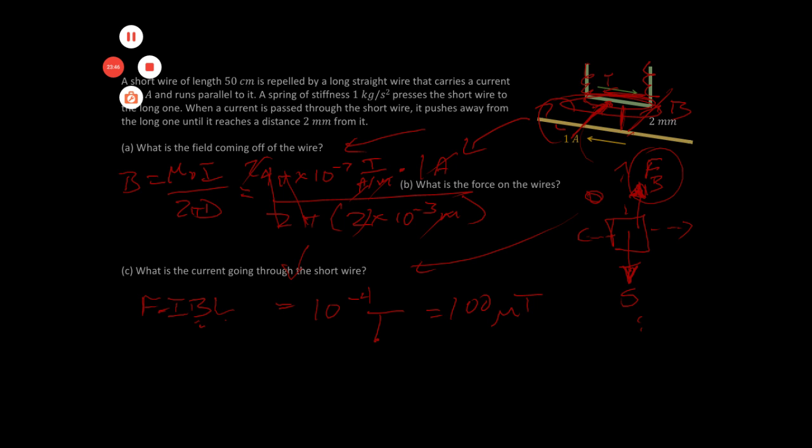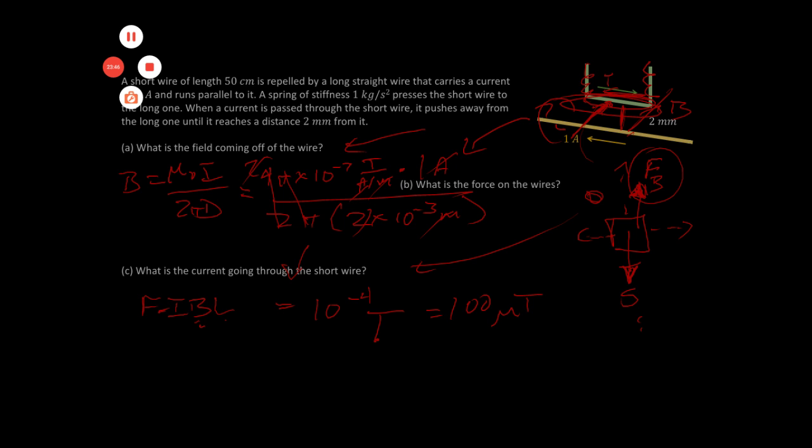The mass of the proton is 1.672 times 10 to the minus 27 kilograms. The velocity we said was 100 meters per second here.